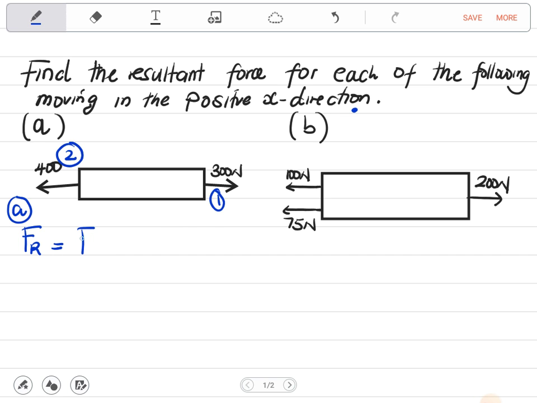So we're going to say F1 minus F2. So our first force is 300 newtons. Our second is 400 newtons. So our resultant force, we end up getting negative 100.